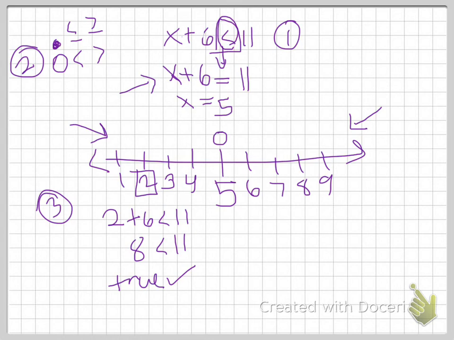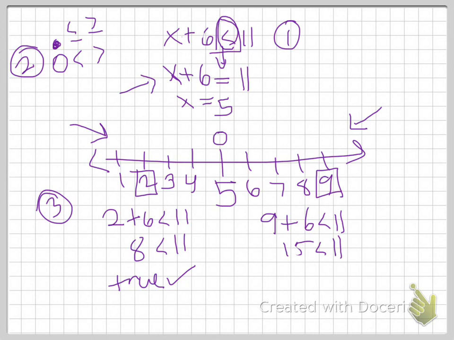So we like the number 2. We are going to double check on the numbers that are above 5. I'm going to choose the number 9 because it's a perfect square, and I like perfect squares. So 9 plus 6 is less than 11. 15 is less than 11. That seems kind of silly to me because I know that 15 is bigger than 11.